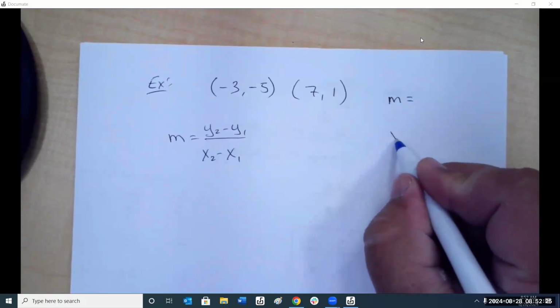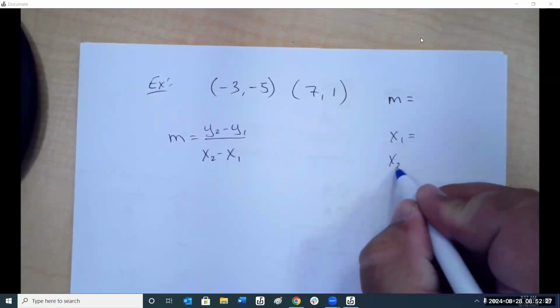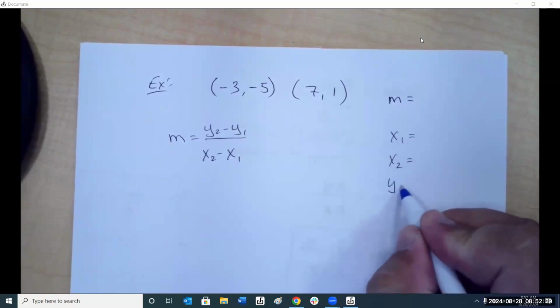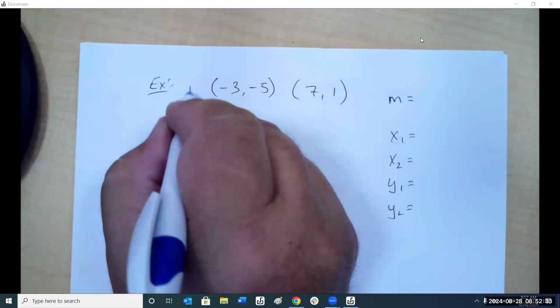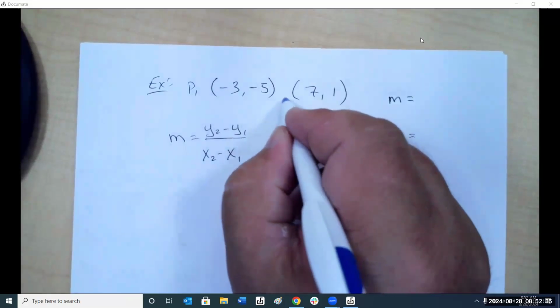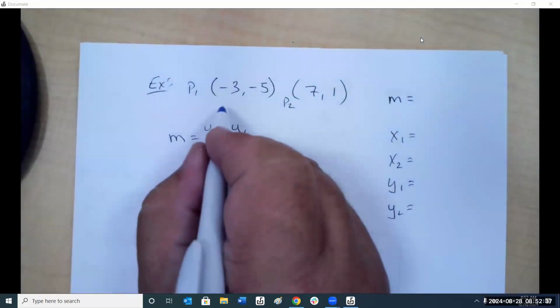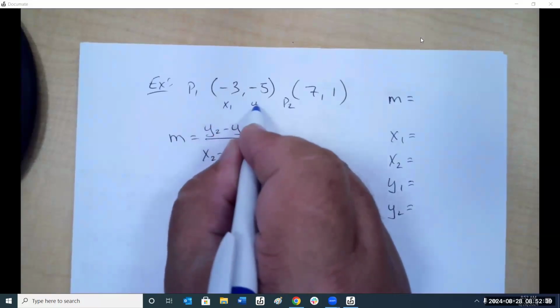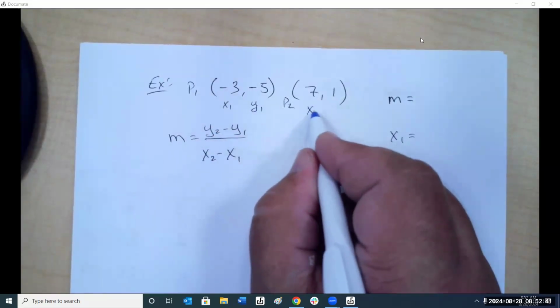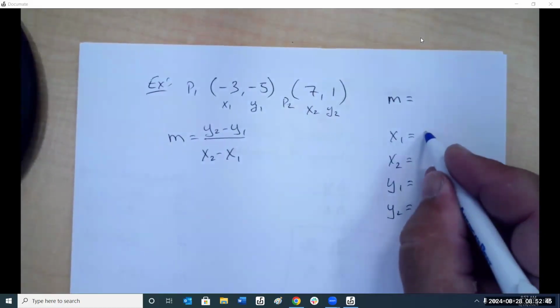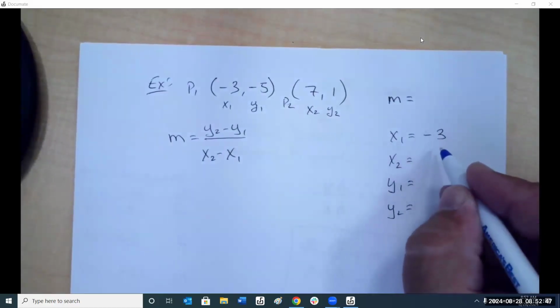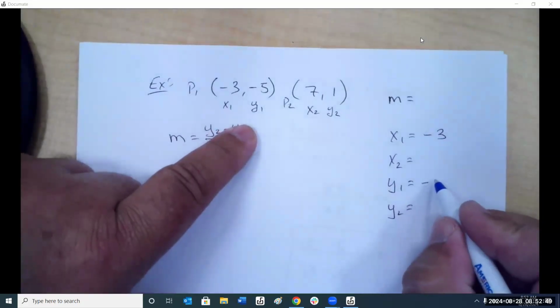Second, label the points, x1, x2, y1, y2. So this is my first point. This is my second point. So that's x1, y1, x2, y2. So x1 is -3. Y1 is -5.